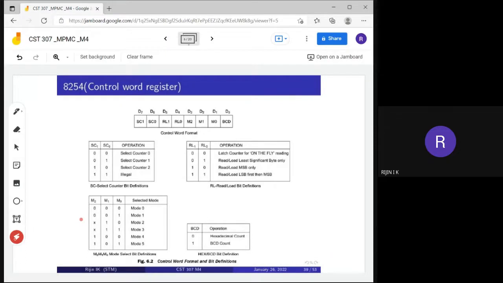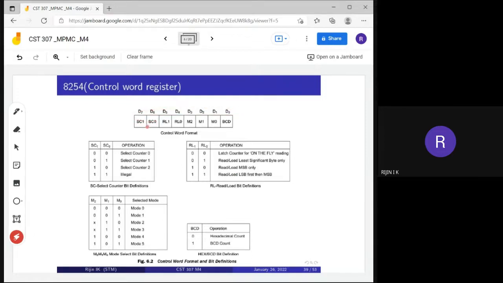Then this is the control word register format. Actually, this control word register is an 8-bit register, so D0 to D7 bits are there.